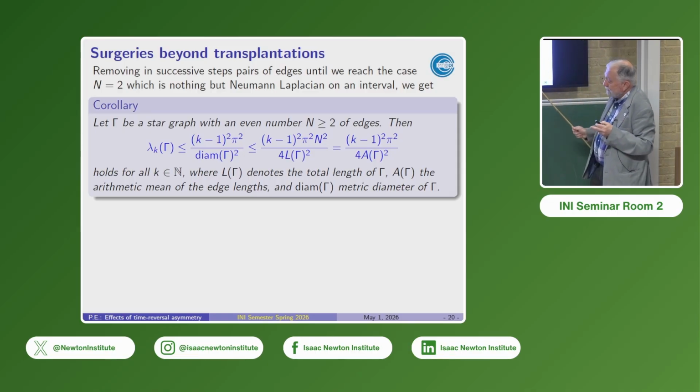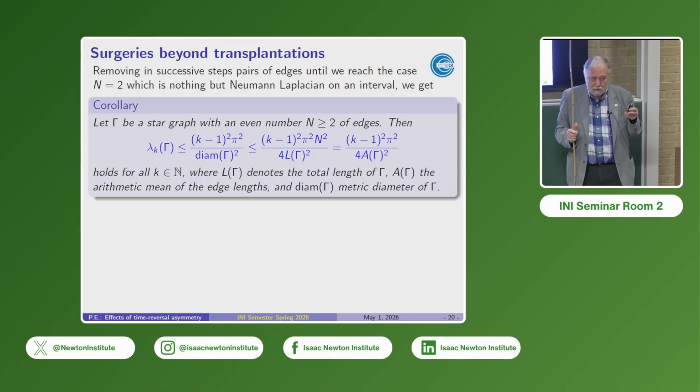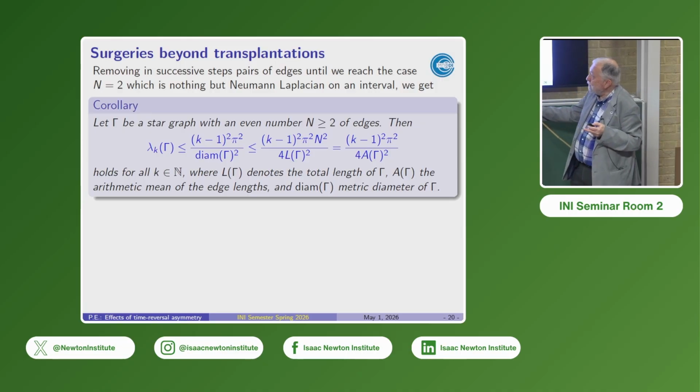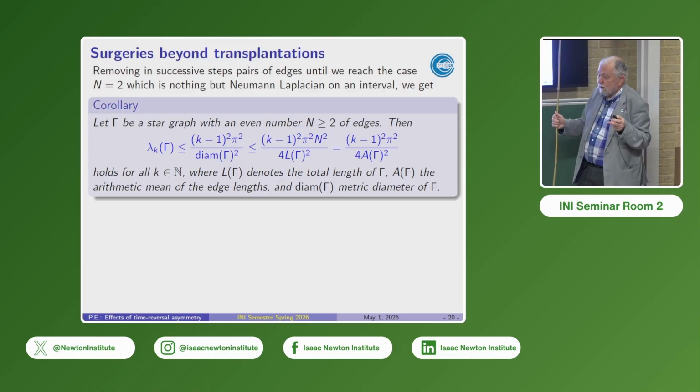Of course, the thing which interests us most of all, that is lambda 1, is trivial here, because we know that it's negative, and you just see here that it is bounded above by positive numbers.